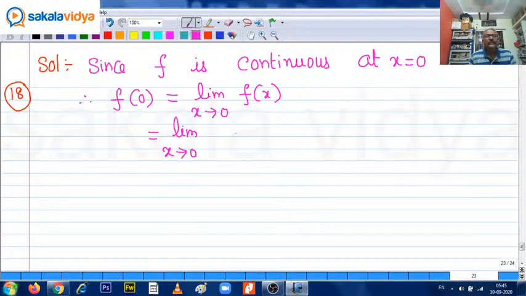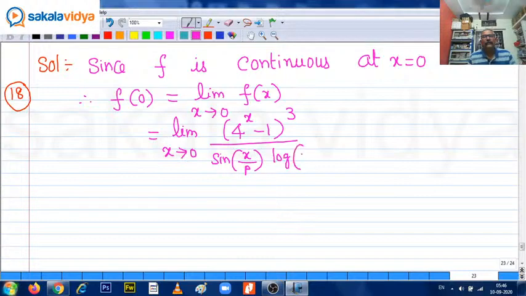What is f of x? That is 4 raised to x minus 1 whole cube upon sine of x upon p times log of 1 plus x square by 3.